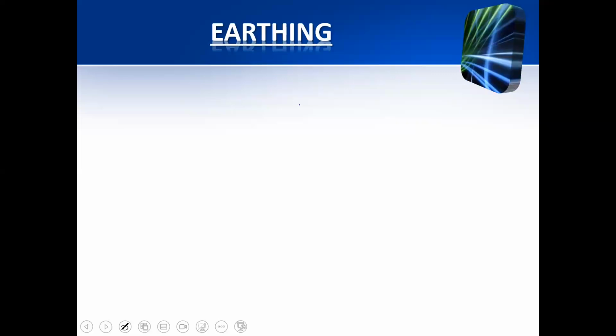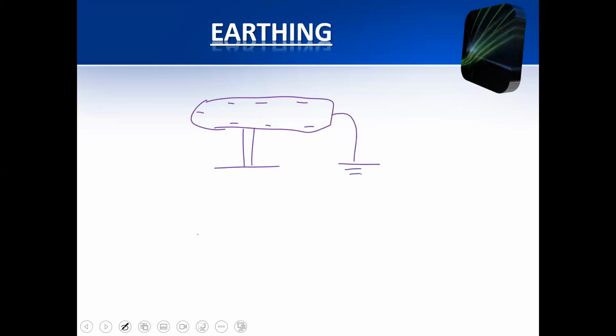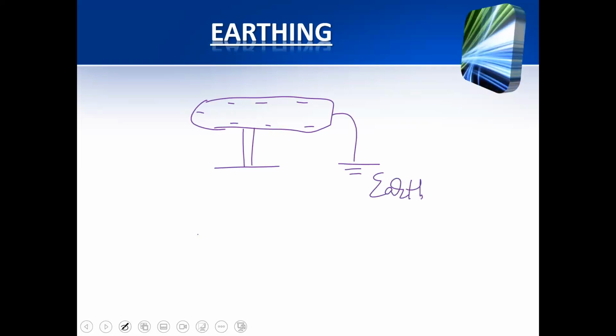Now let's discuss the concept of earthing. If you have a charged substance like a charged rod, say a negative rod, and you connect it with the earth, then electrons will drain. Electrons will move towards the earth, they will go down into the earth.